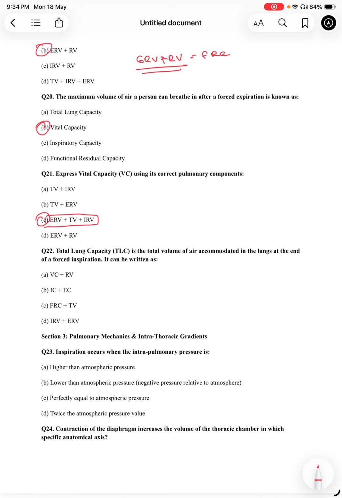So total lung capacity is ERV plus TV plus IRV plus RV. What did we learn this as? This is basically VC plus RV. So we can write this as VC plus RV.